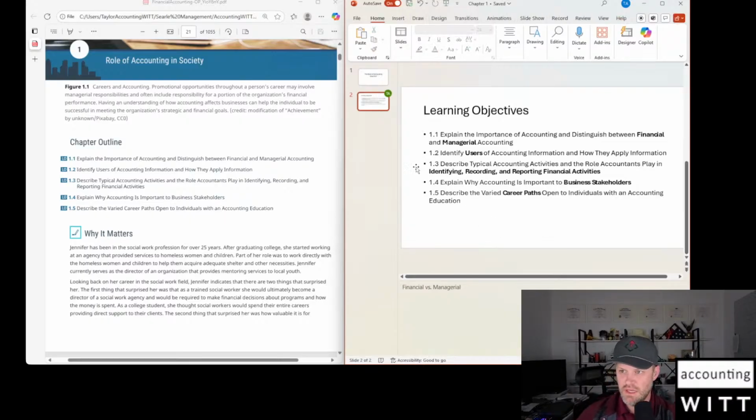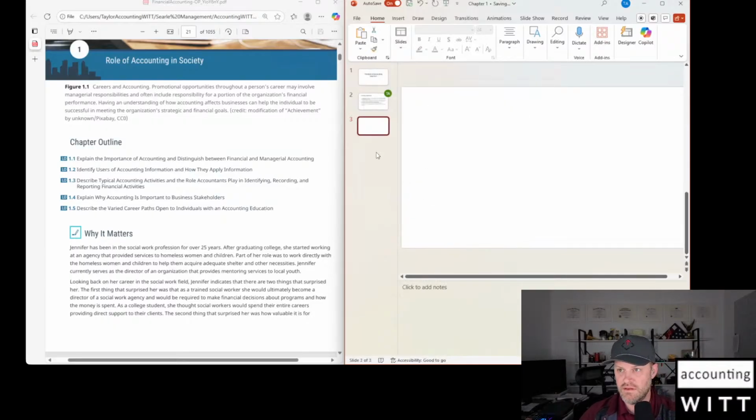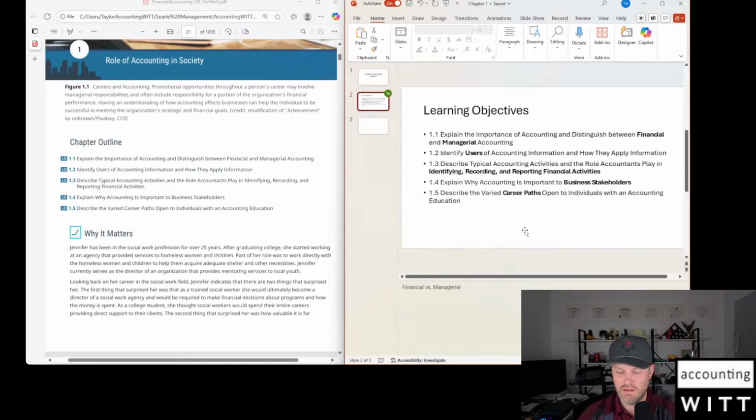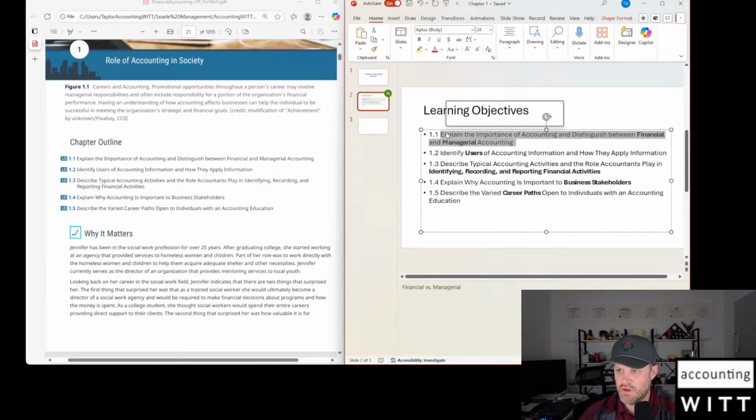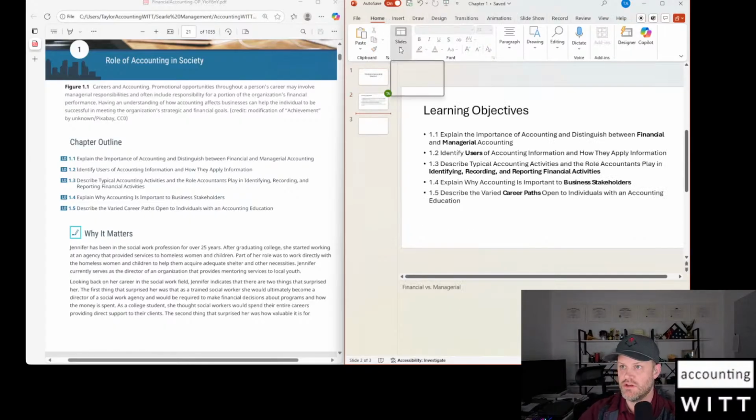Immediately I'm thinking of a few of the graphics that I have in my head for these things. So I'm going to make a slide for each of the learning objectives.